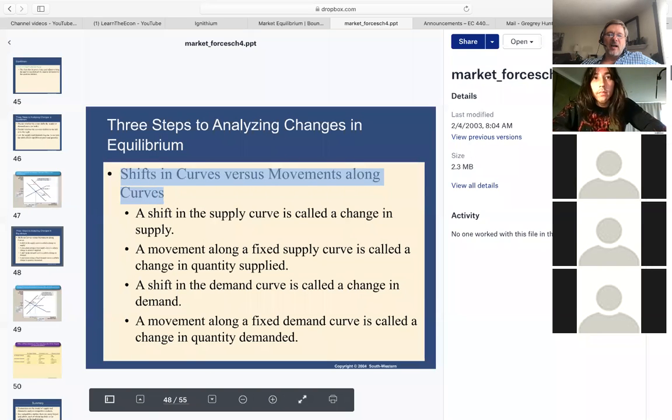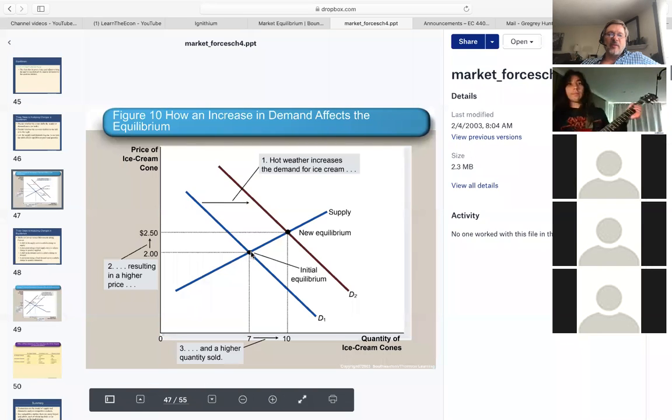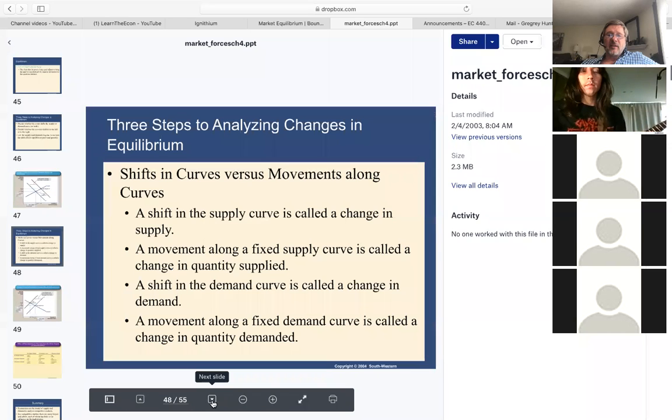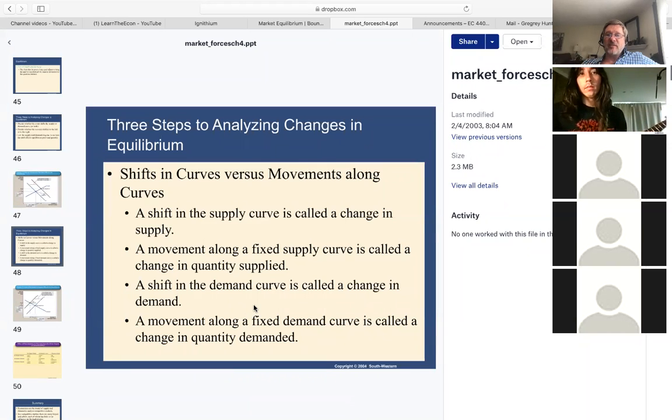In this previous diagram, this shift in demand merely caused a movement along a given supply curve. The supply curve was stable. We don't even need the demand curves to see that if the price of ice cream goes up, suppliers supply more. They go from supplying 7 units to supplying 10 units. So there occasionally will be questions where you're just considering a movement from one price to another price, and it's important to differentiate between those things.